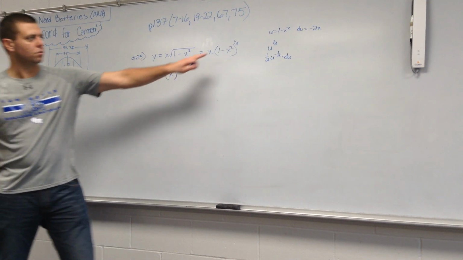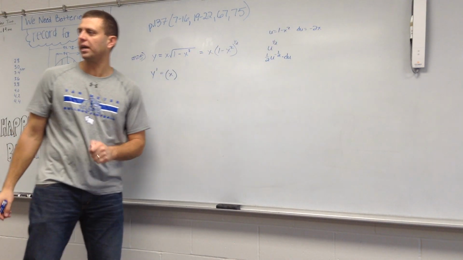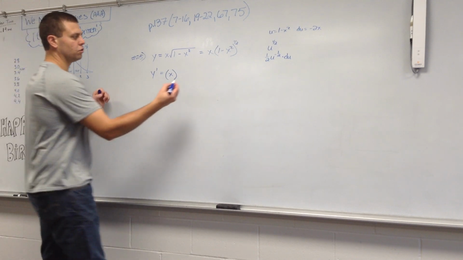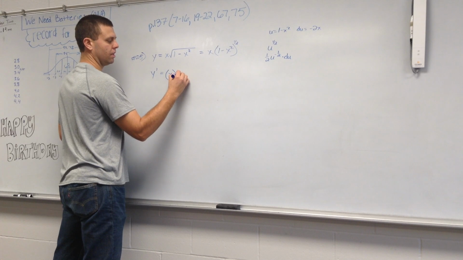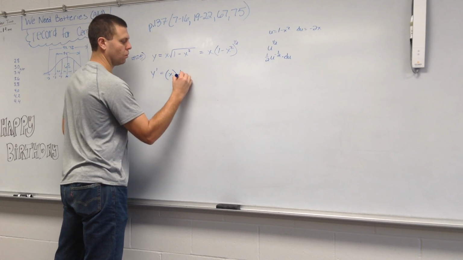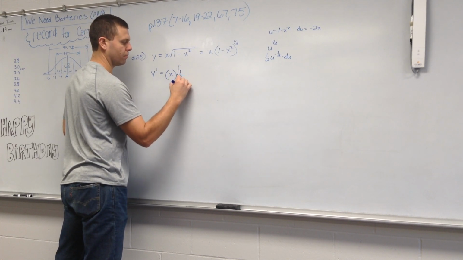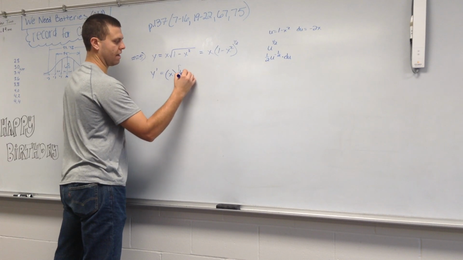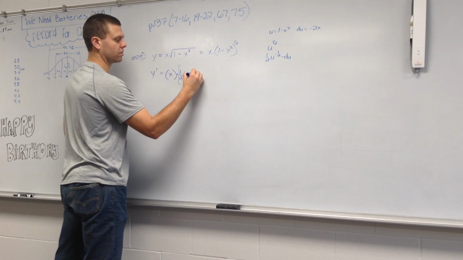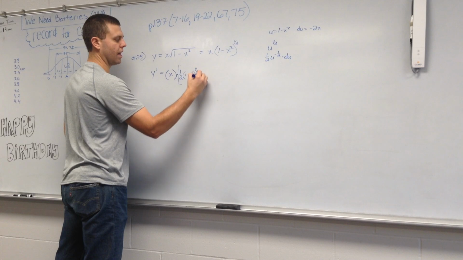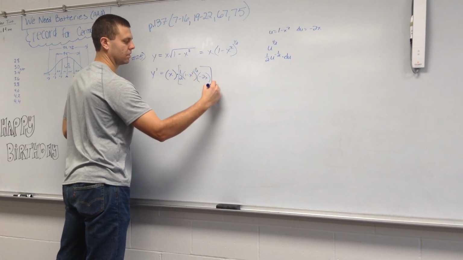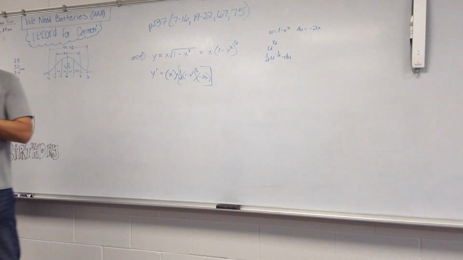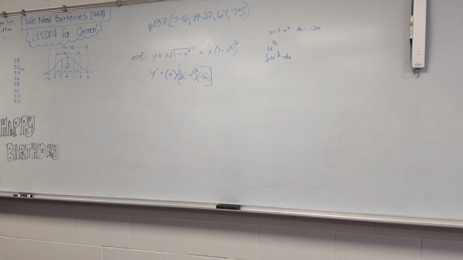So my answer here is going to be 1 times d2, which is 1/2 times 1 minus x squared to the negative 1/2, times negative 2x. So there's my 1d2 part.